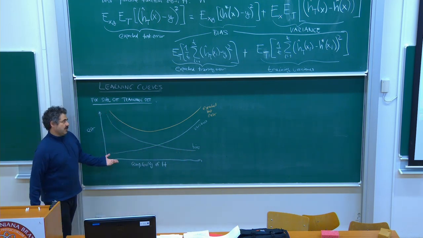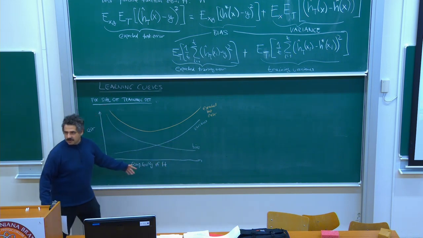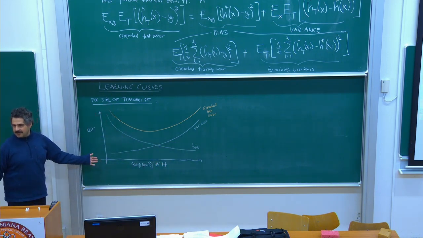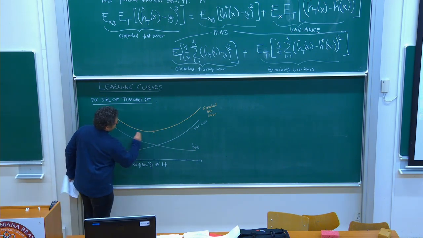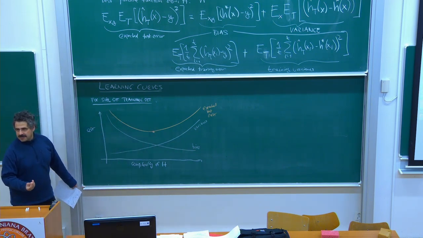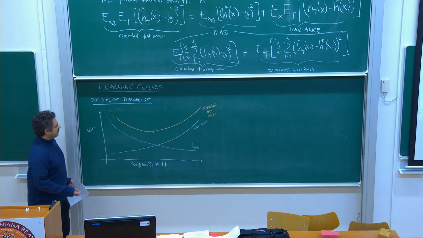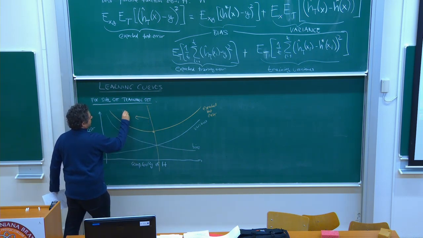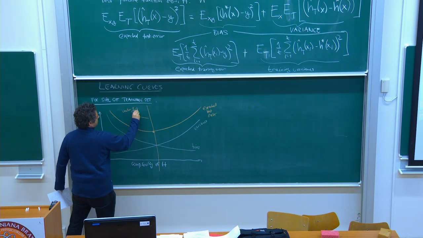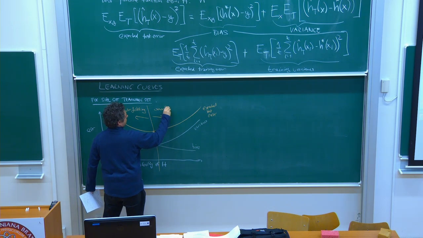Or if somebody says to you that complex hypothesis classes are not good, and you choose the least complex one, that's also not a good idea. So there is some good point where there is a good trade-off between bias and variance, and that's what you are looking for when you are trying to set up a learning system. And we have said that on the left, this is called underfitting, and on the right, this is called overfitting.